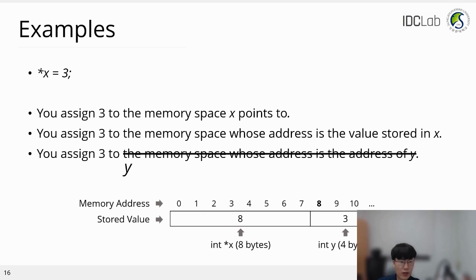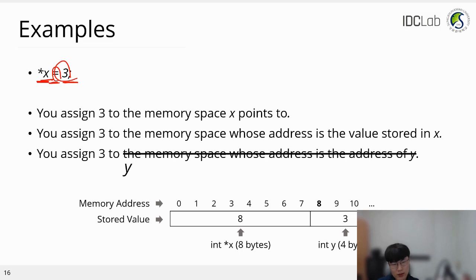Let's take a look at the last part of the example, the reference x assign 3. This is the most challenging part, actually. We have 3 and we have the assignment operator. There's no problem there, but the problem is the reference x.